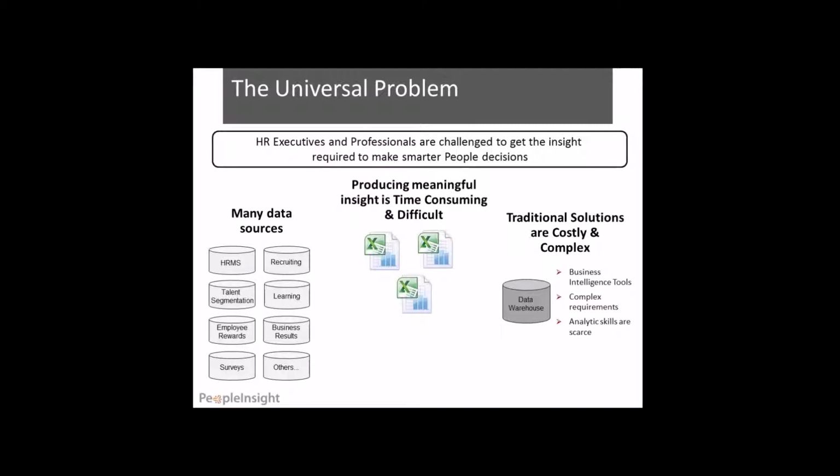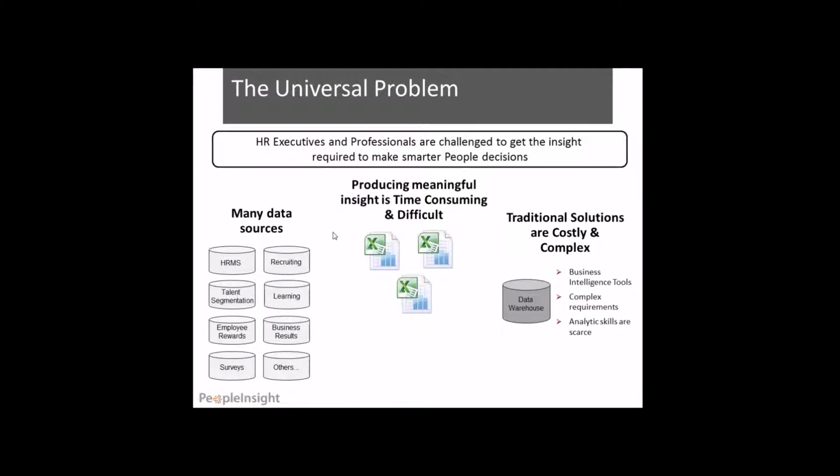One of the big challenges, we lump it into three main areas around getting to workforce analytics. The first is that there are generally many sources of data, within and external to an organization, that are required to bring full context to the insight they require for decision making.